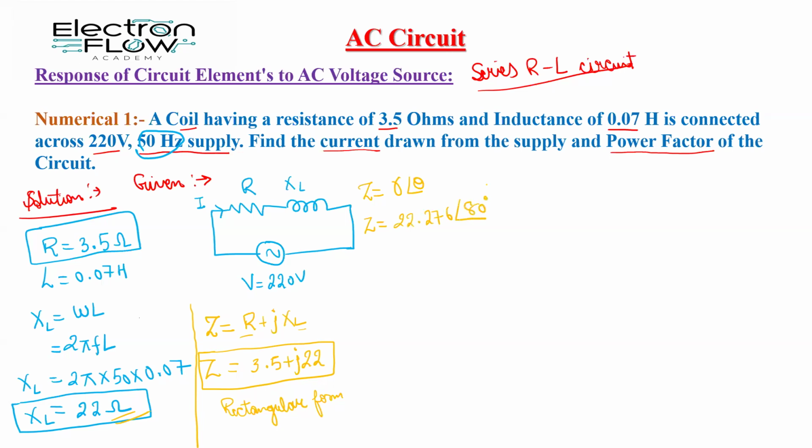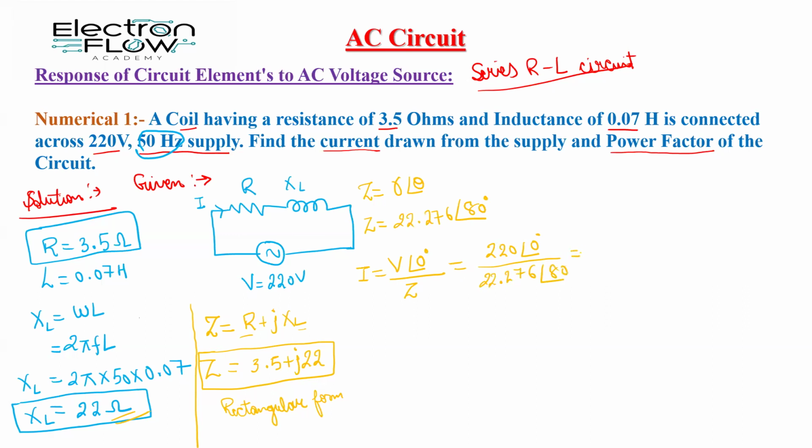Here let capital V be the reference voltage. So the current is equal to, we know the voltage is our reference, so we are assuming that the voltage is at an angle of 0 degree, divided by Z. So the value of the current is 220 at an angle of 0 degree divided by Z, which is 22.276 at an angle of 80 degree.